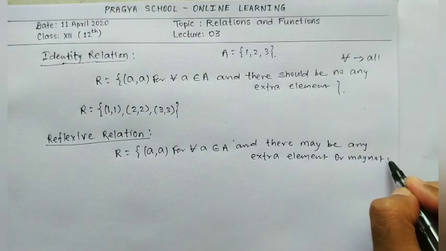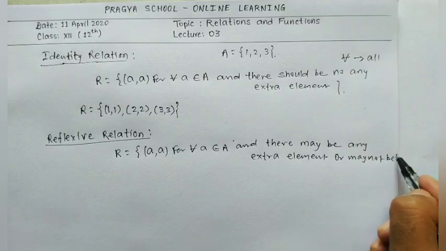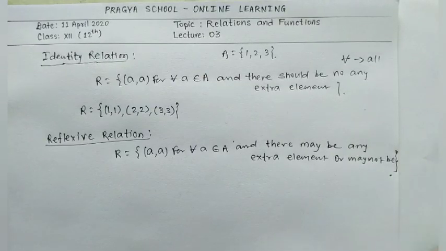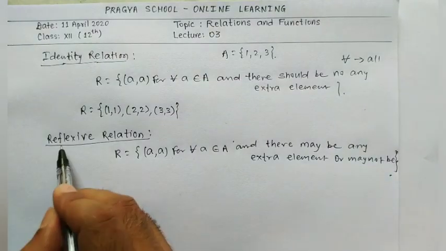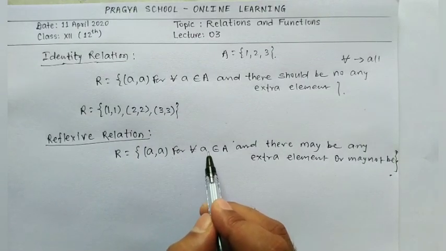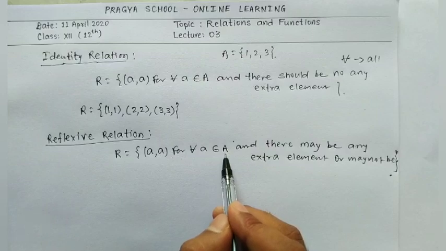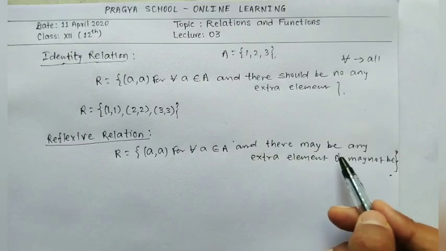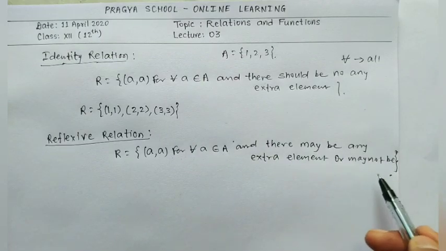What do we mean by this? Reflexive relation, R equals (A, A) for all A belongs to capital A, and there may be any extra element or may not be.